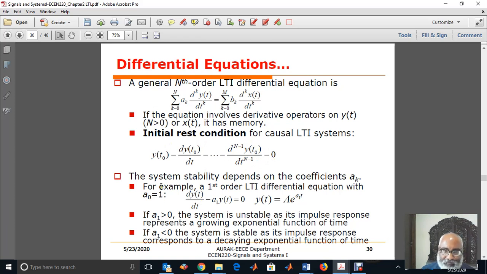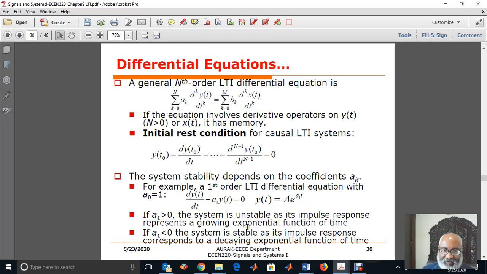The system stability depends, of course, on the coefficients a_k. For a first order system, for example, if I have dy/dt minus a1 y(t) equal to 0, this system has output A times e to the power of a1 t.